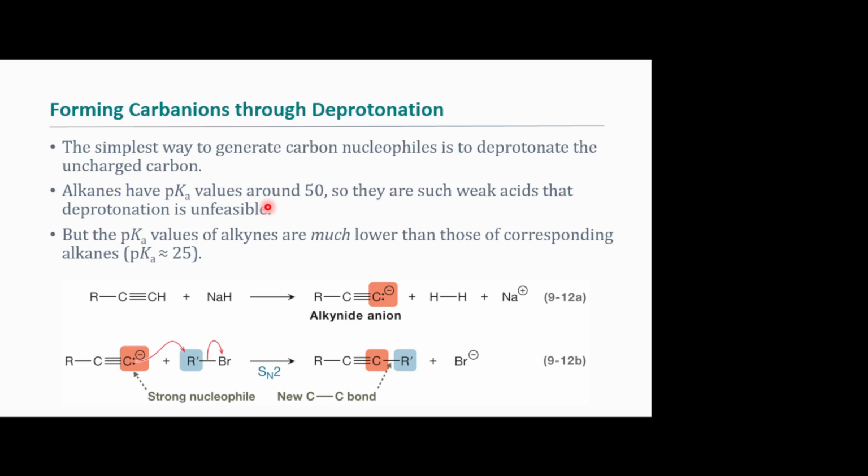All single bonds. Yeah. It's very difficult to take a hydrogen off that. There's very few things that are more basic than that, that would be strong enough bases to take a hydrogen off of that. Is it? You can. It's just really, really hard to do. You would have such a strong base that you would have to generate it in situ. And it'd be very hard to target too. Nobody does it.